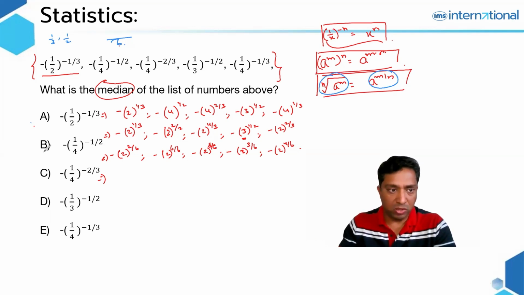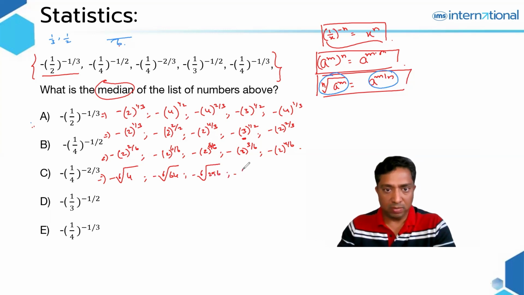Next, this becomes sixth root of 2 power 2, which is 4. This in turn becomes sixth root of 2 power 6, which is 64. This becomes sixth root of 2 power 8, which is 256. This becomes sixth root of 3 cubed, that is 27. And this becomes sixth root of 2 power 4, which is 16.